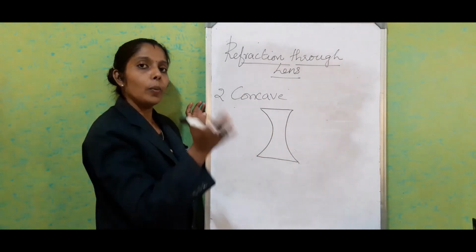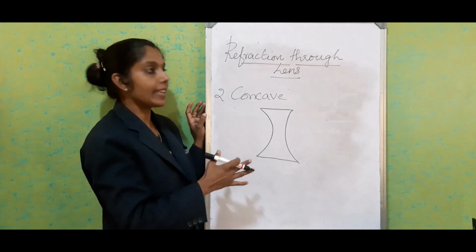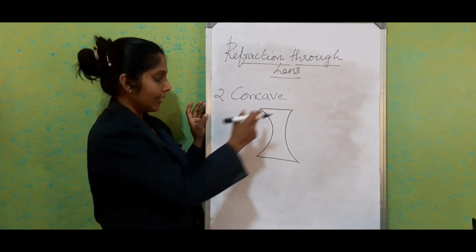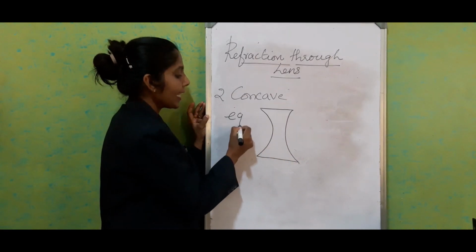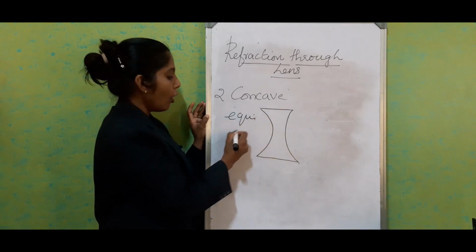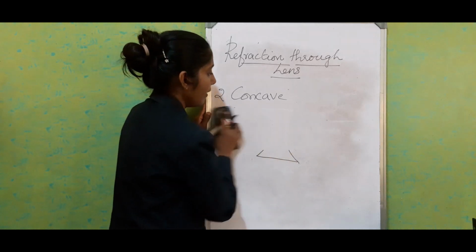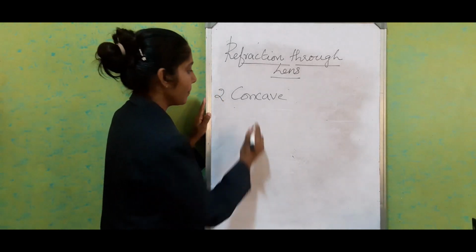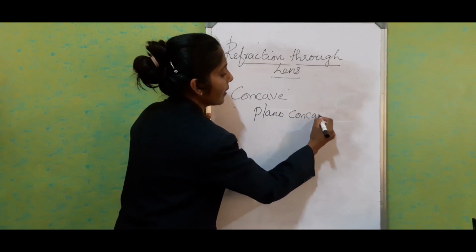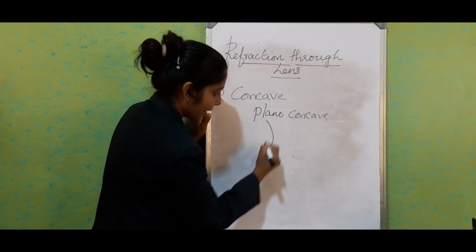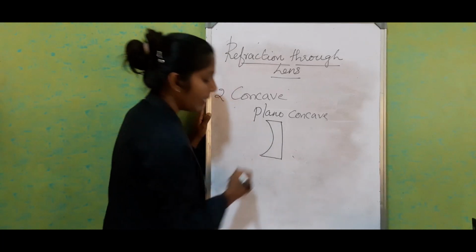Same way how we categorized the convex lens, we can categorize the concave lens. So this shape of lens we call equiconcave or biconcave lens. Same way we have plano-concave lens. One side is like a cave and the other side is exactly a plane surface.